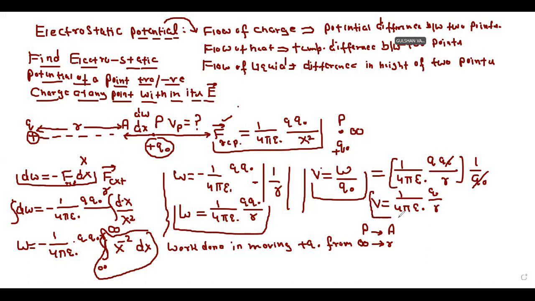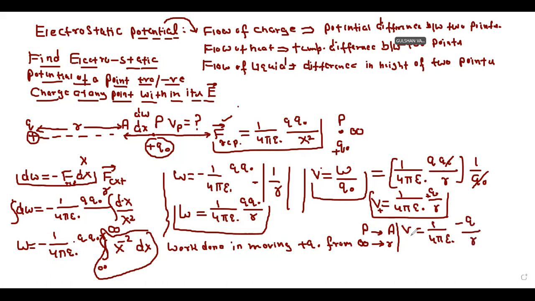So this is the potential of a positive charge. This is my positive charge. If we are asked to find the potential due to a negative charge: potential due to a positive charge is positive, but potential due to a negative charge will be 1 upon 4 pi epsilon naught times minus Q upon r.